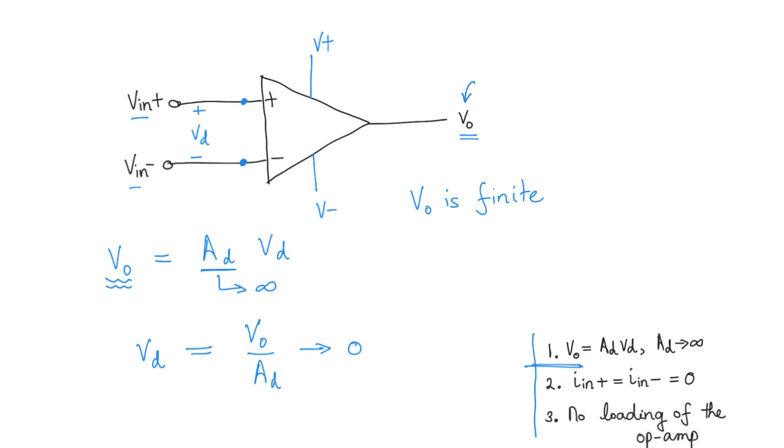Another way of saying it is that VD will be 0. So that is one implication that we use as we build our circuits, if we want a finite voltage here. Let me just take an example and show you what I mean.